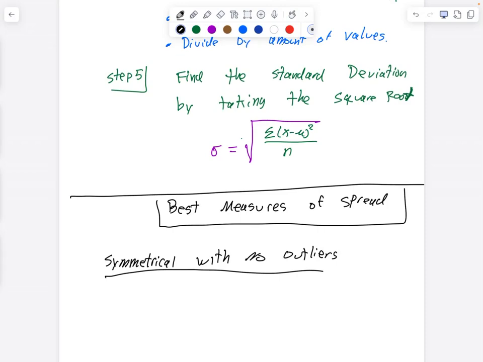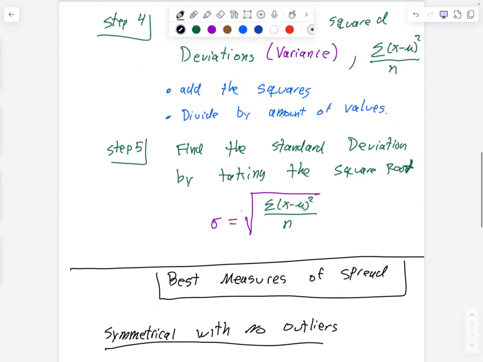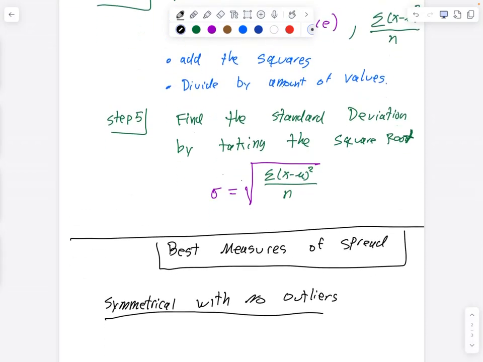So what do we use for spread? What is calculated from a close relative of the median? IQR and range are both okay. Those are measures of spread.